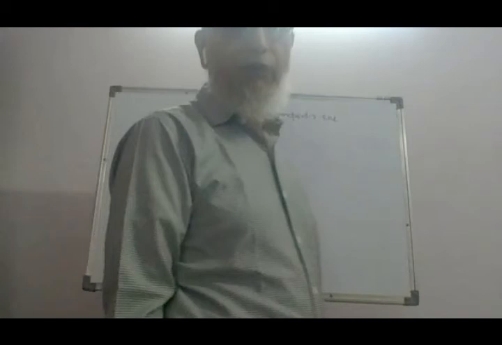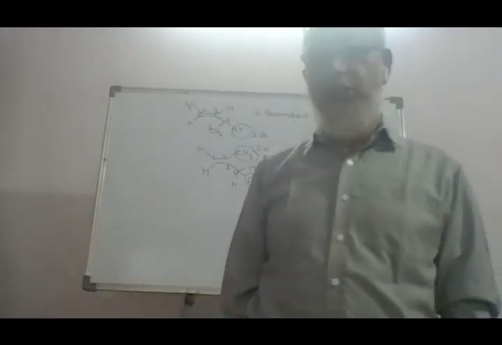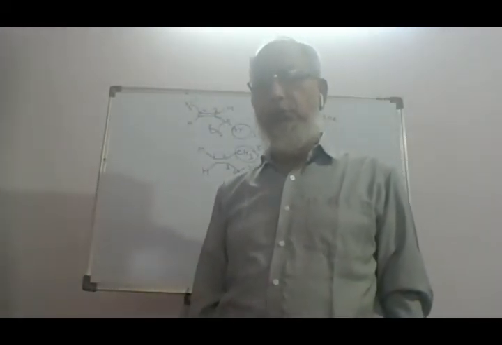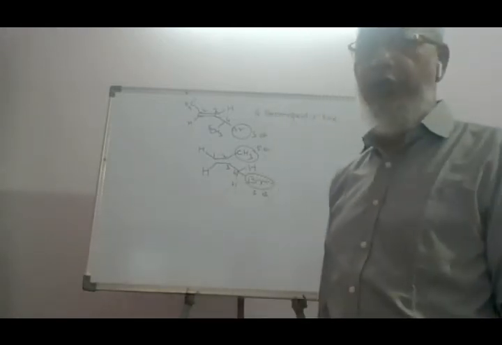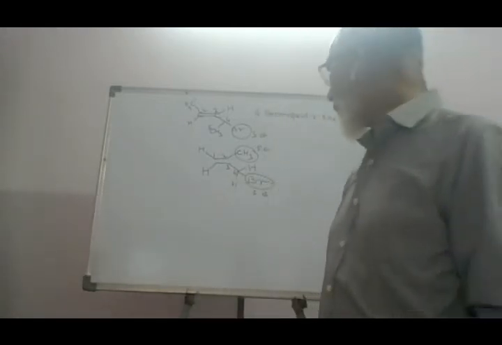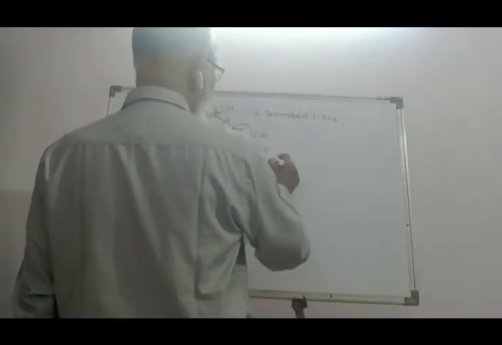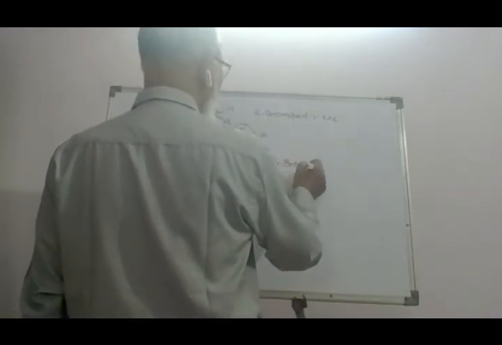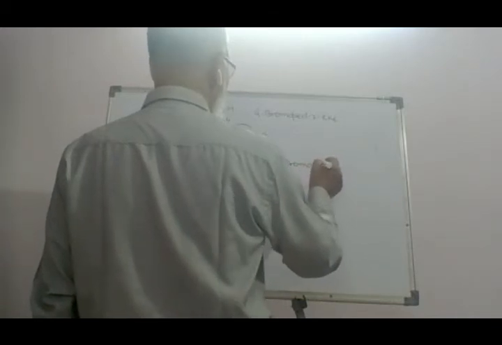Bromo comes first in alphabetical order in comparison to methyl, but its position is 4th. So although its position is 4, which is a greater number, alphabetical order will be taken into account first. So it will be 4-bromo, 2-methyl.